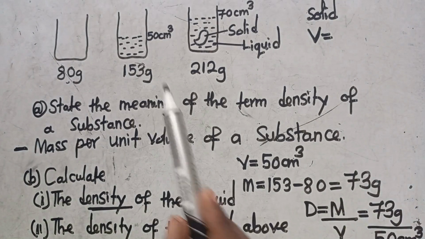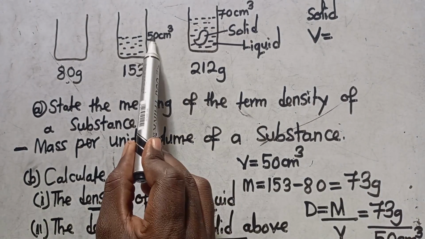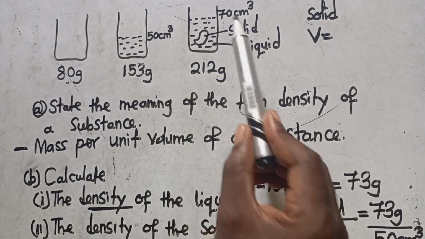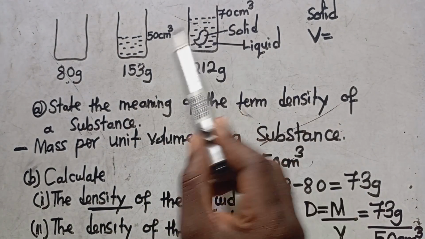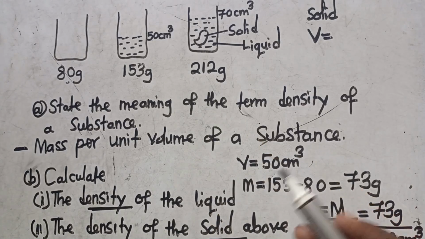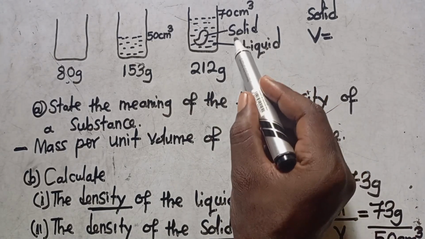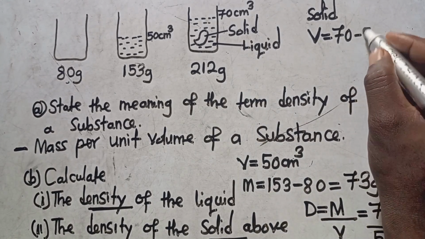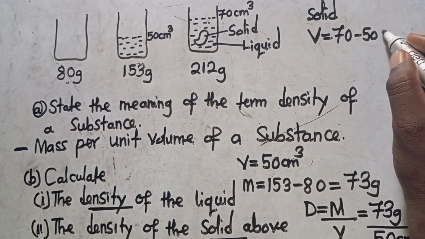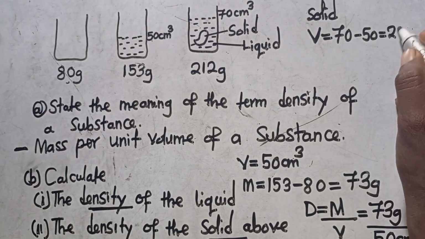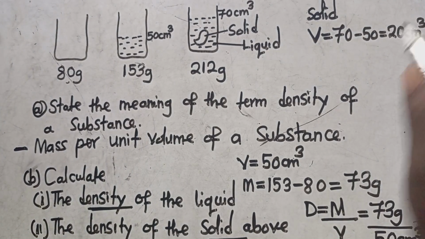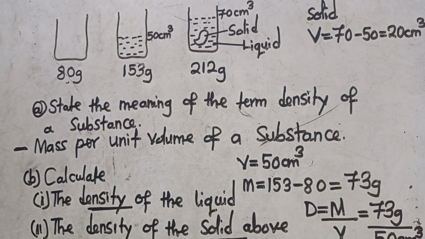At first, the volume without the solid was 50. After putting the solid, the water rose to 70. So to find the volume of the solid, we say 70 minus 50. The answer is 20. So I say 20 cm³. That is the volume.